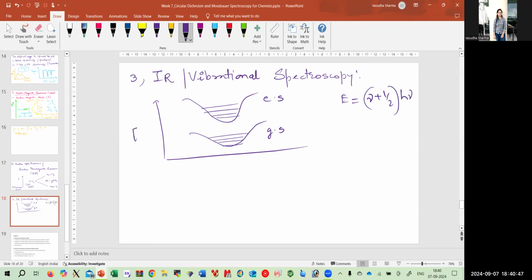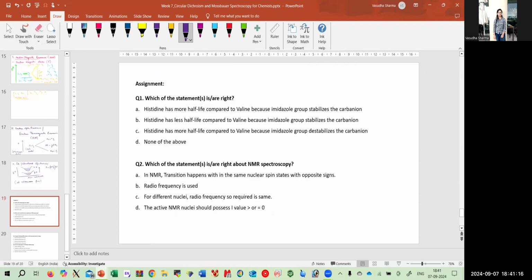So here is the E and here are your reaction coordinates. This also works at microwave frequency, where the transition happens from one vibrational level to another vibrational level of the excited state following certain rules. So this is happening for the IR. It would tell you about the various functional groups present, because they would appear at a certain wave number.